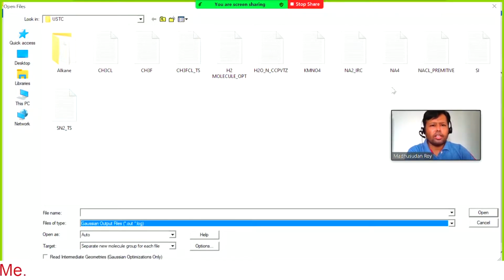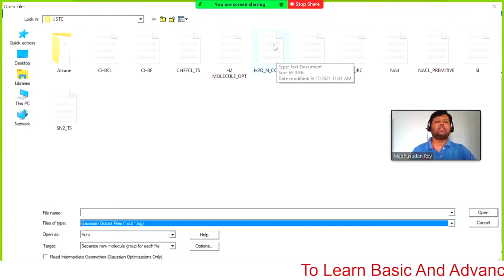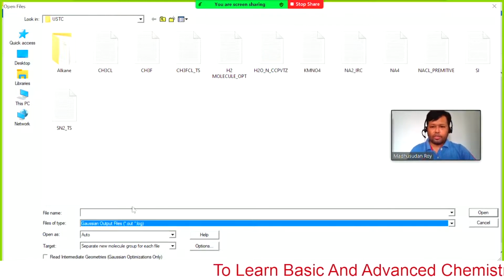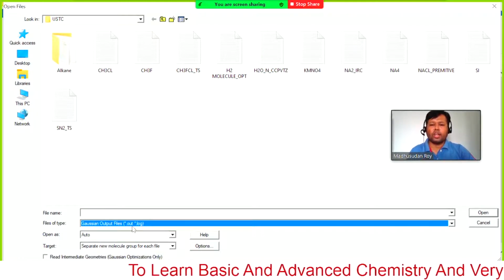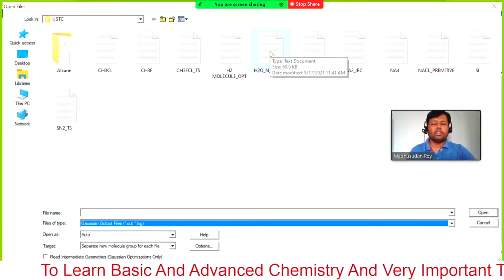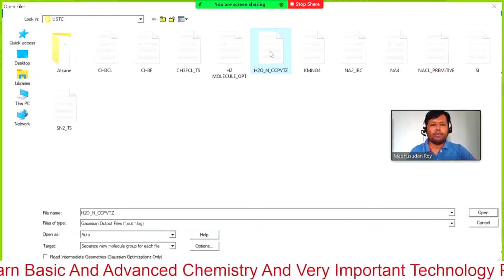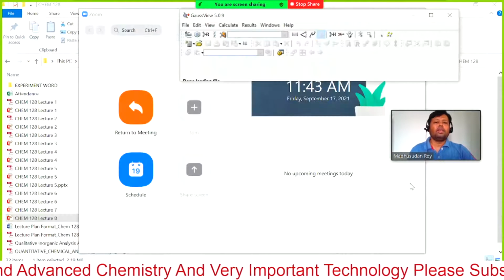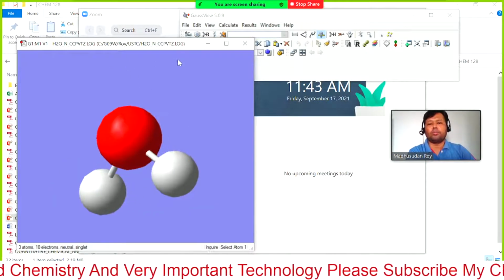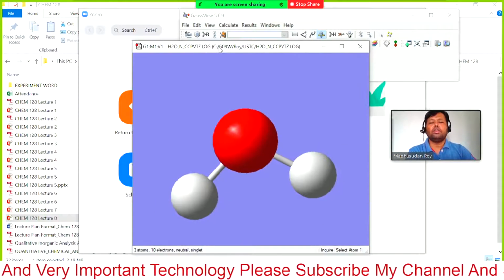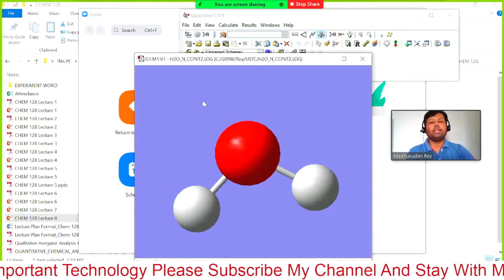So where is my water? This is H2O neutral cc-pVTZ. That is my output file, because I have selected here the log file or output file. So if I click and select open, now you will see the structure of the molecule. Previously I had given some parameters.